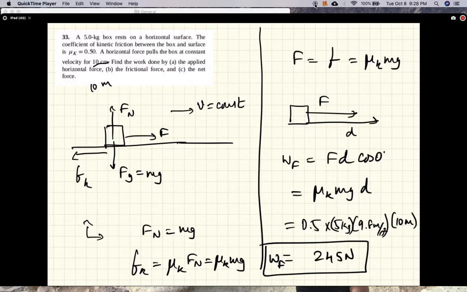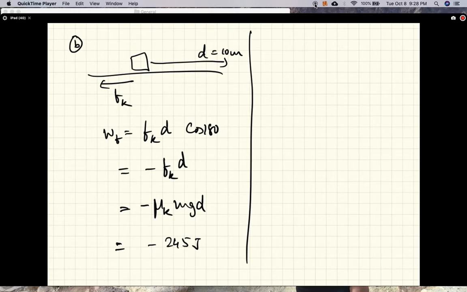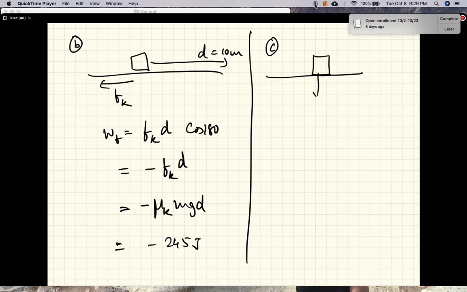And the net work done and the net force on the box. Well, we'll calculate the net work done as well. Here's the force of gravity, here's the normal force, here's the friction force, and here's the applied force.